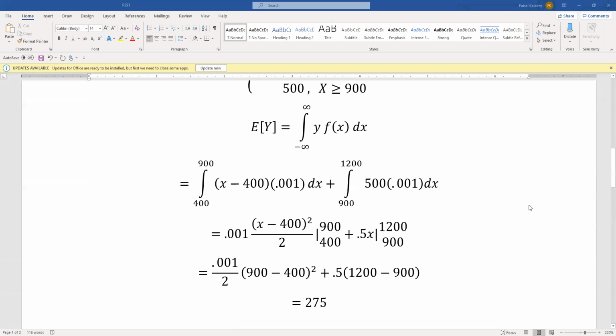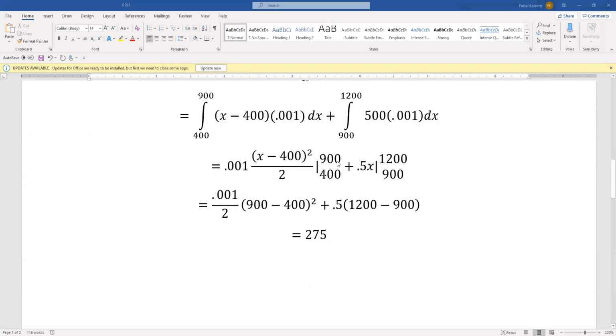Now the easy way to integrate this kind of integral, when one of the limits matches the number being subtracted, is to first pull out the 0.001 and treat x minus 400 as a whole thing. You can think of u equals x minus 400. So the integration would be x minus 400 whole squared by 2. Multiplying these two, you get 0.5, and then the integral of dx is just x.